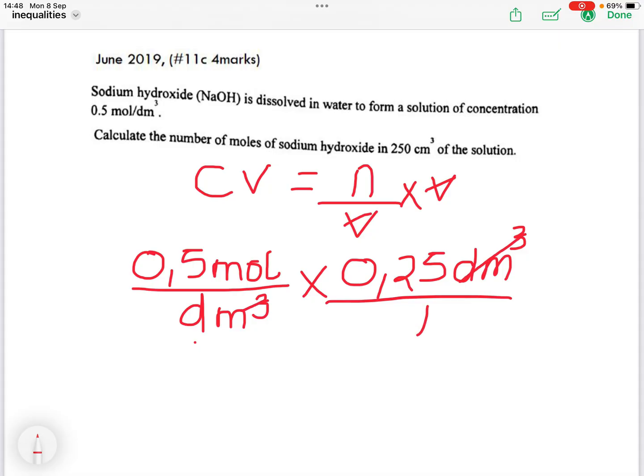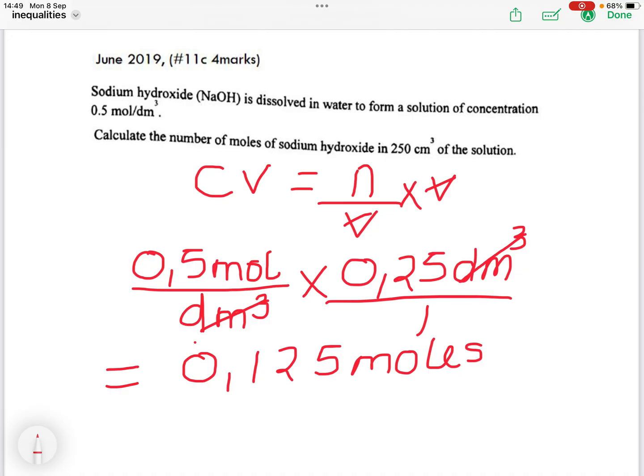And then after that, we cancel this cubic decimeter and this cubic decimeter, so that our answer is going to be in moles. And then we say 0.5 times 0.25, we are going to get 0.125 moles.